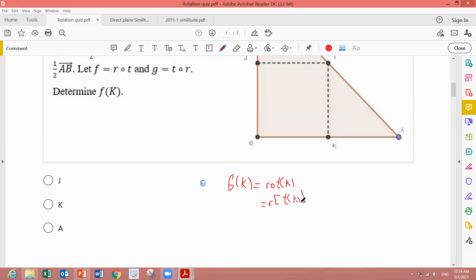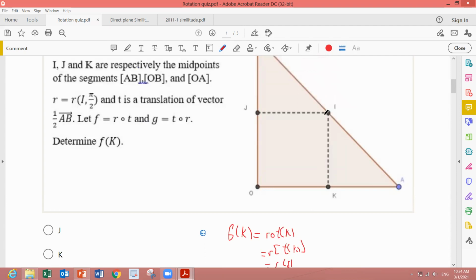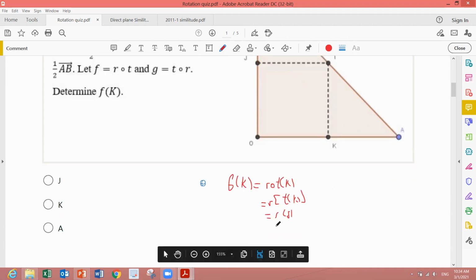J. Equal rotation of J. What is the rotation of J with center I and angle pi over 2? K. Okay.